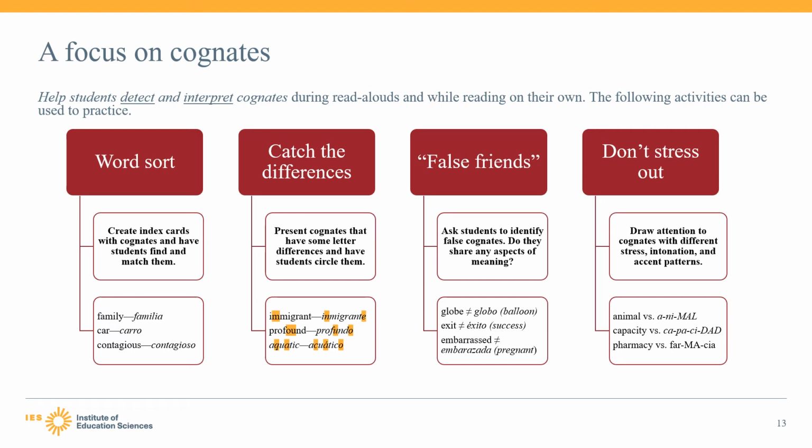Now, the final one of these games is called Don't Stress Out. So it also is meant to foster metalinguistic awareness by drawing attention to cognates that have different stress and intonation and accent patterns.